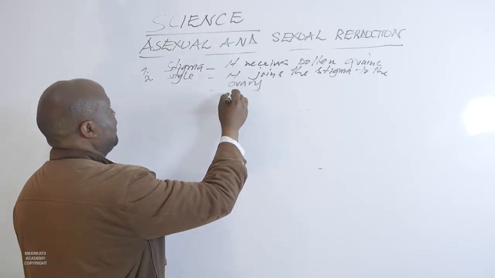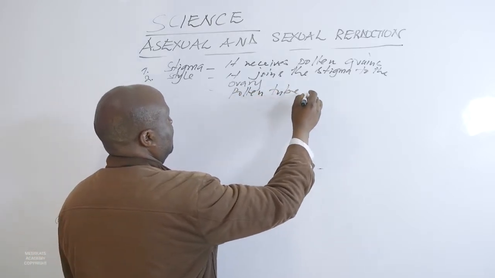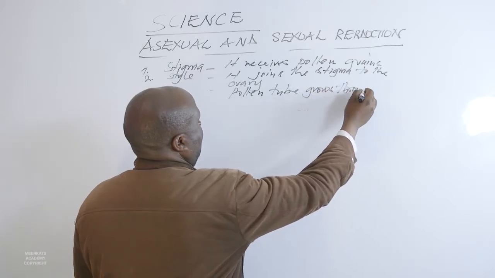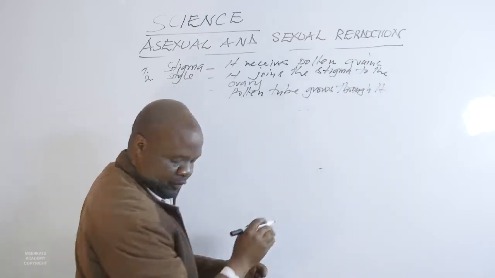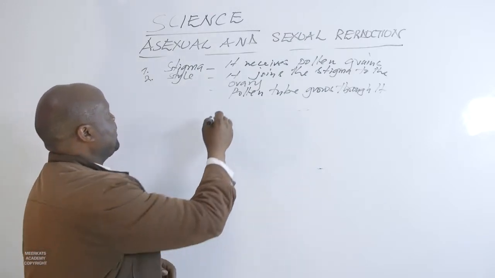We have also the pollen tube, which grows through the style, and the style supports the stigma.